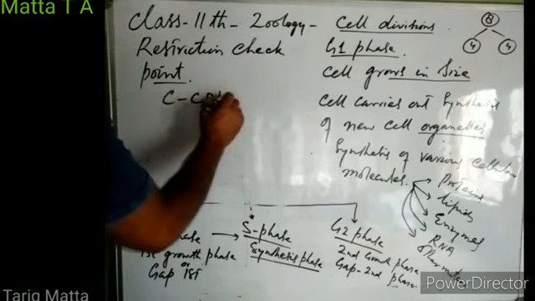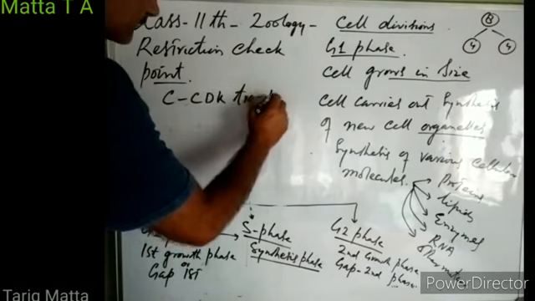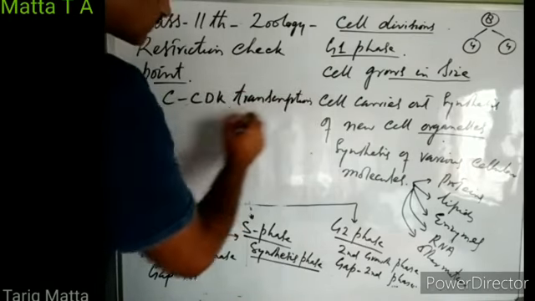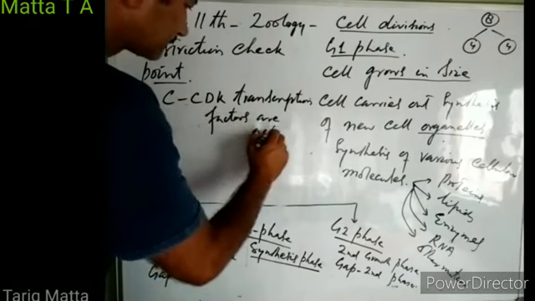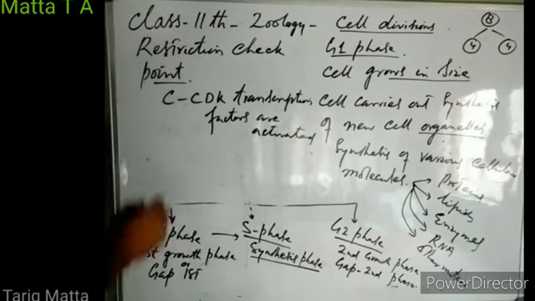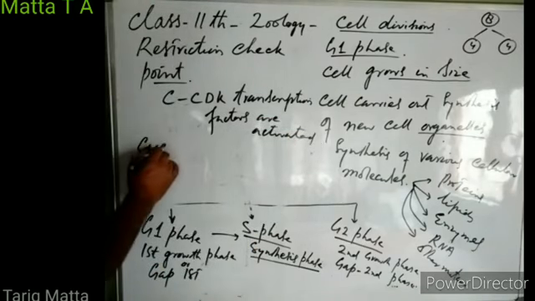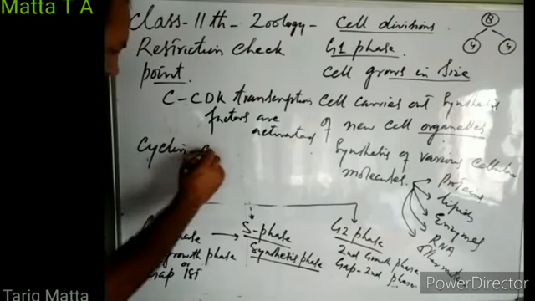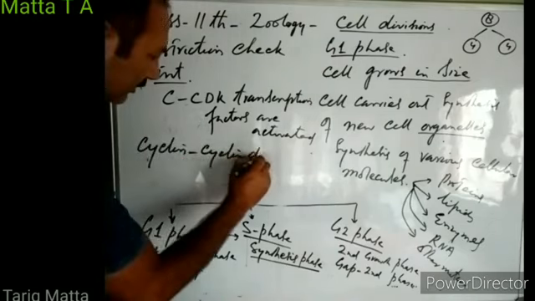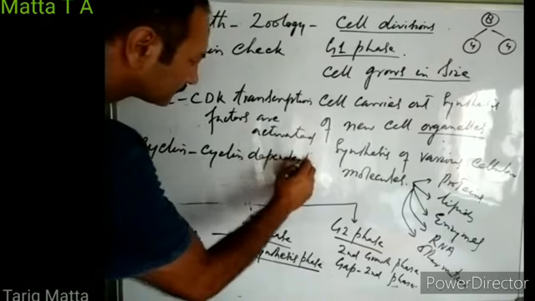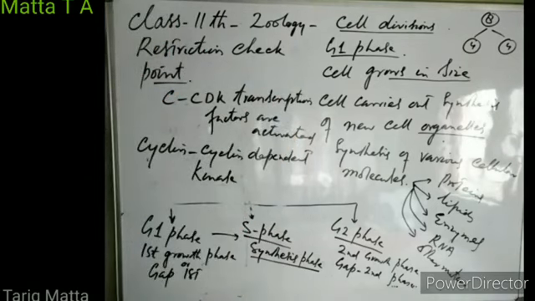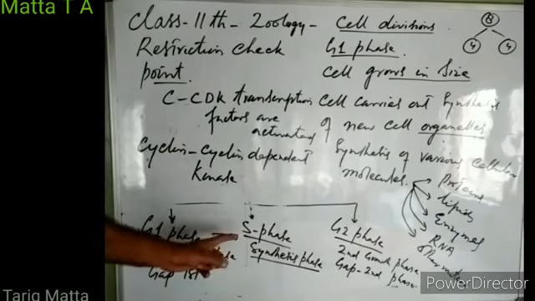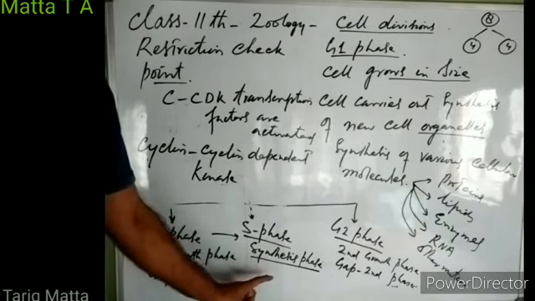CDK, transcription factors are activated. What is this CDK? Cyclin dependent kinase. Transcription factors are activated, so they activate all the necessary enzymes which are required in S phase.